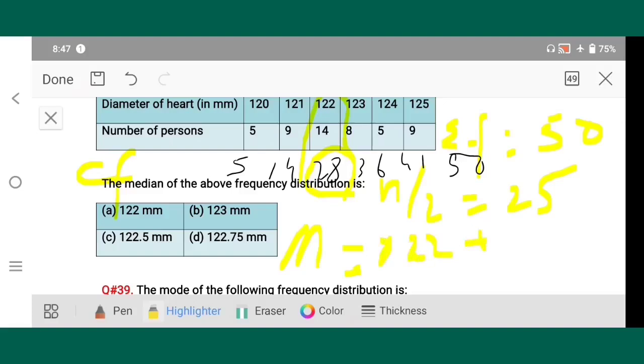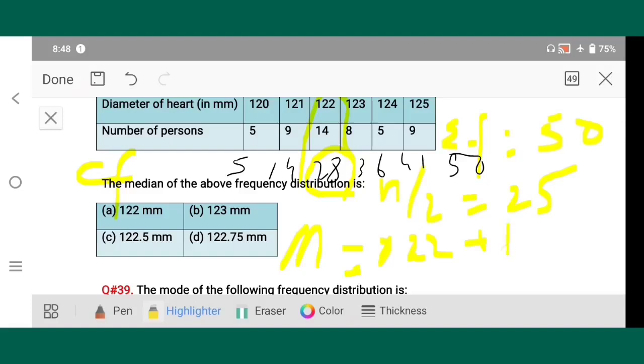So 26 also falls here, because 28 is greater than 26. So 25 and 26, even 27 or 28 fall here.